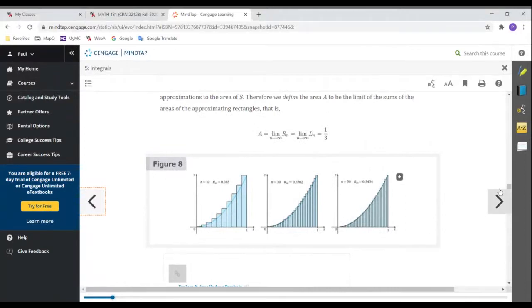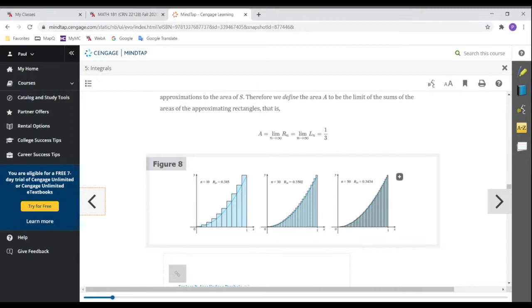To approximate the area underneath the curve, you pick a certain number of rectangles. Like in figure 8 here, you have 10 rectangles, and the limits go from 0 to 1.